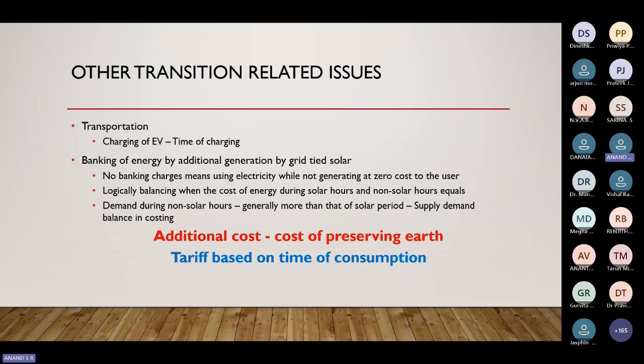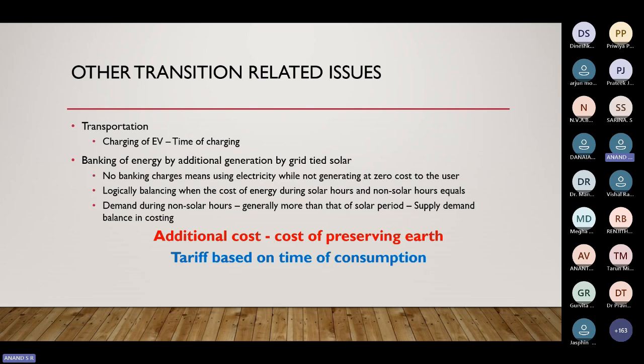Here, the issue is whenever we are going for solar, generating much more than needed, the remaining energy is going into the grid. In the case of the northern region, we have already seen the price of energy during daytime has gone to 50 paisa per unit.